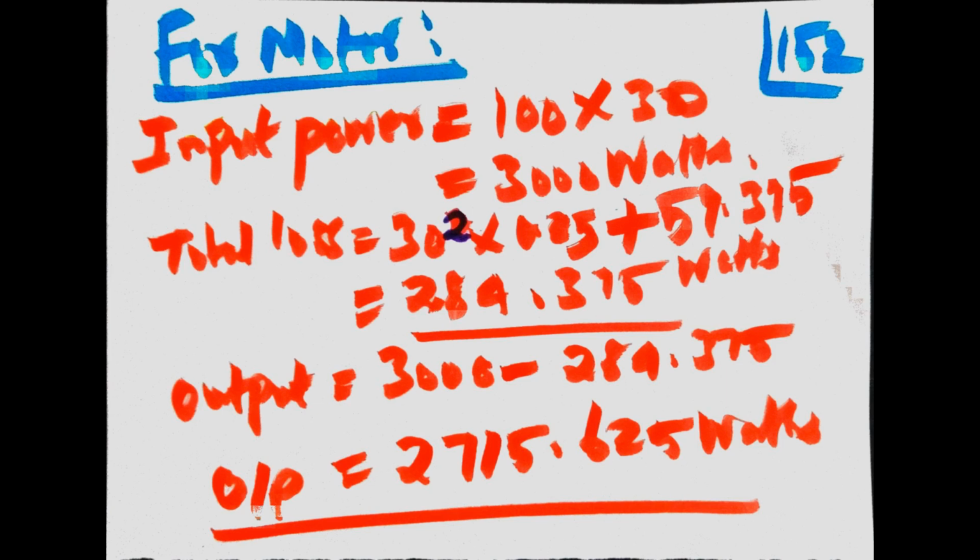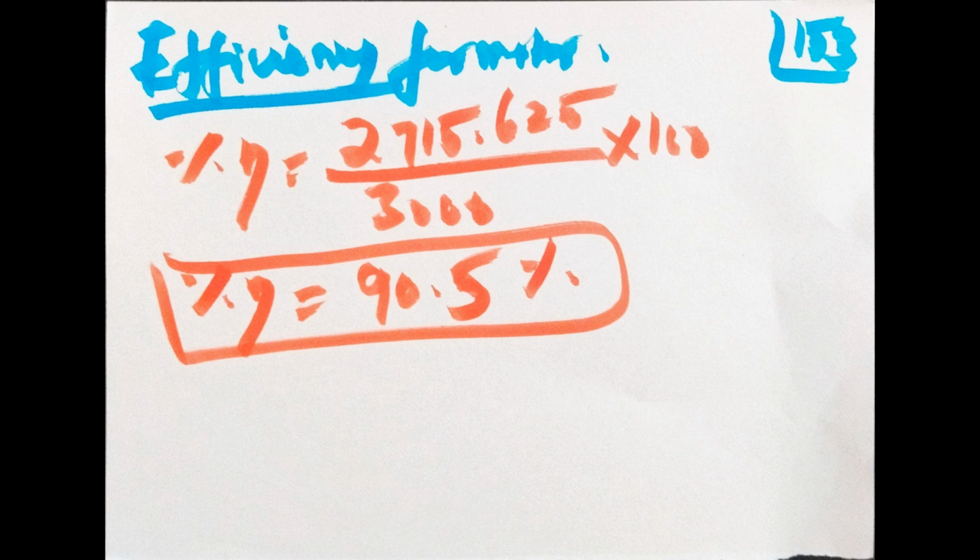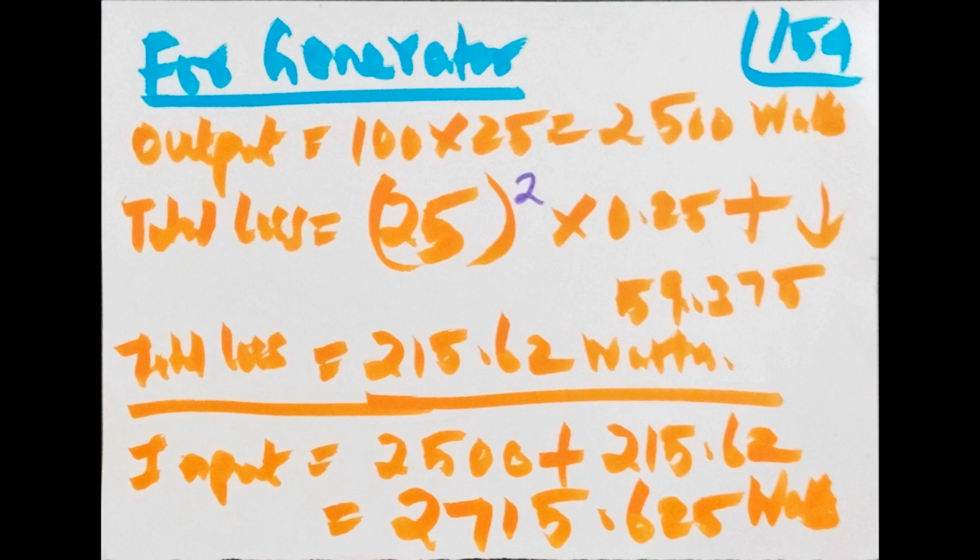Output we obtained is 2715.625 watts. Efficiency for the motor is output divided by input into 100, that is 2715.625 divided by 3000 into 100. We obtain percentage efficiency of 90.5%.